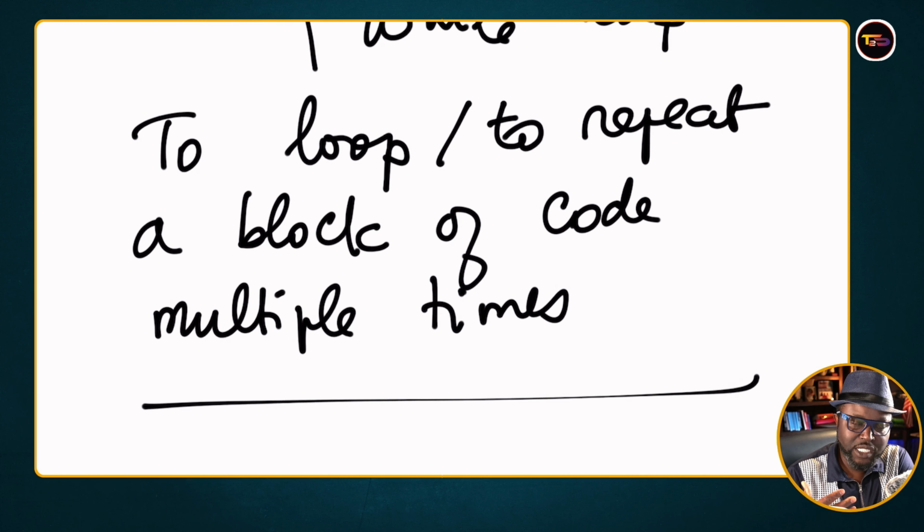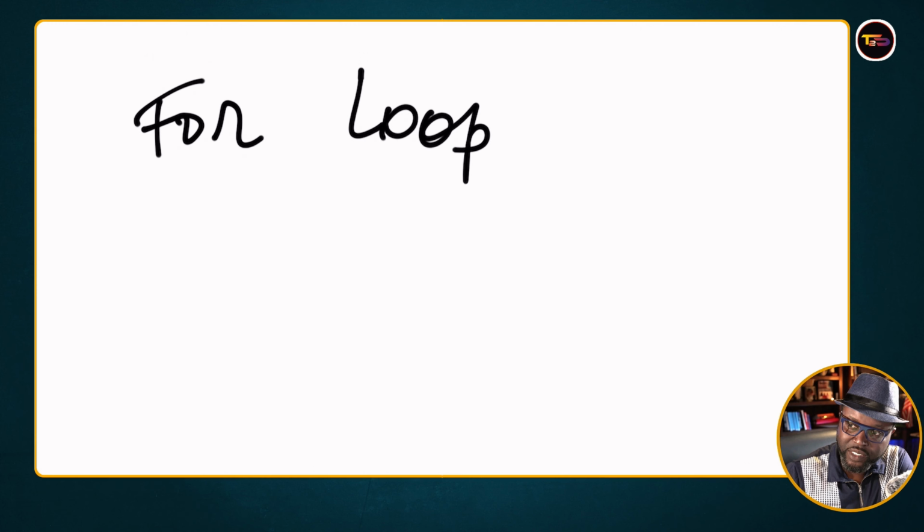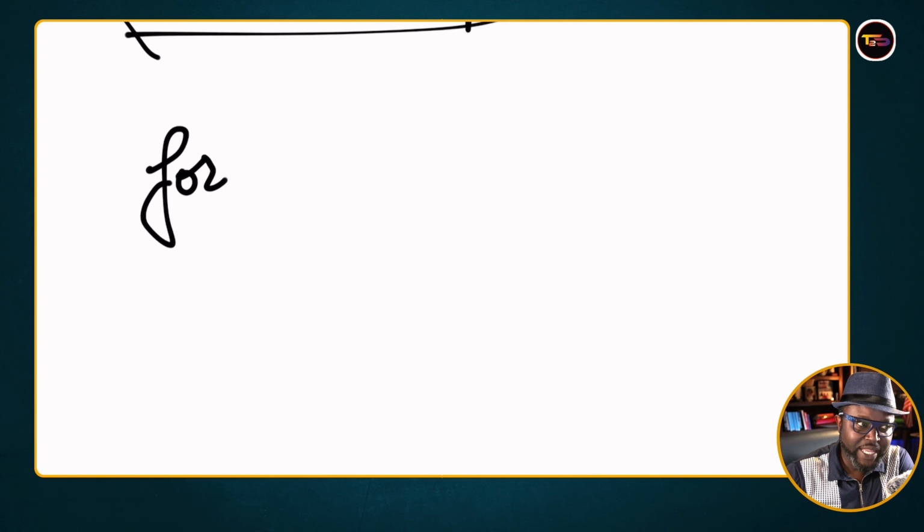That's how the loop concept works. Let's start with the for loop. That's number one. You always start with for, and the next thing could be anything, it could be x.